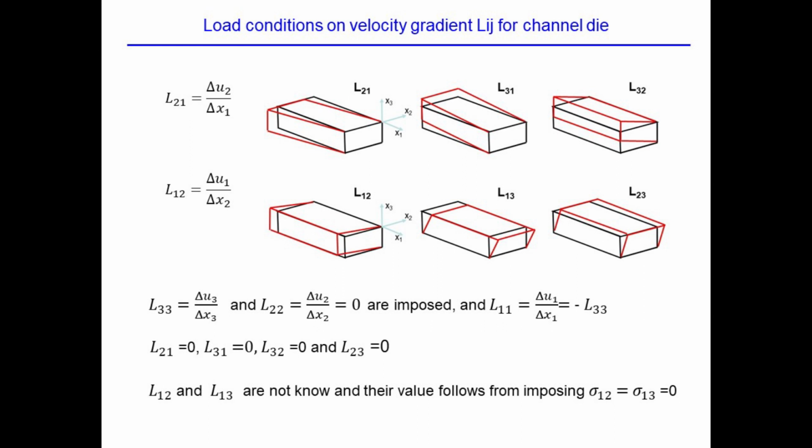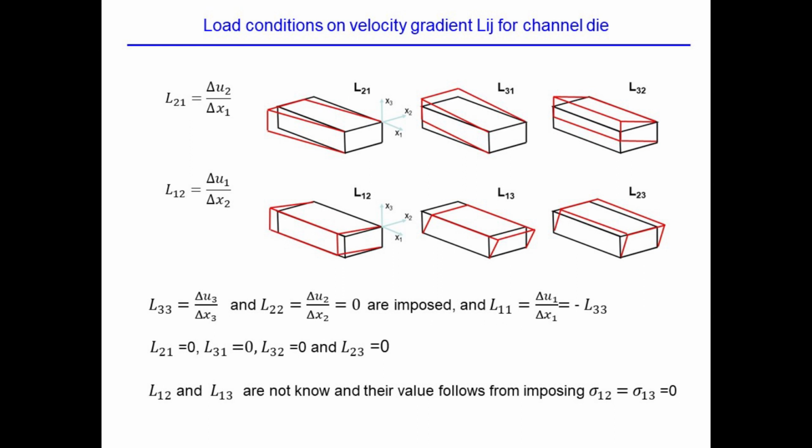So it will correspond to this type of shear, but this type of shear cannot take place in the channel. This type of shear delta will correspond to this one. Let's take L12. This corresponds to the change in the displacement in the direction 1, U1, as you move along x2. This one can take place.